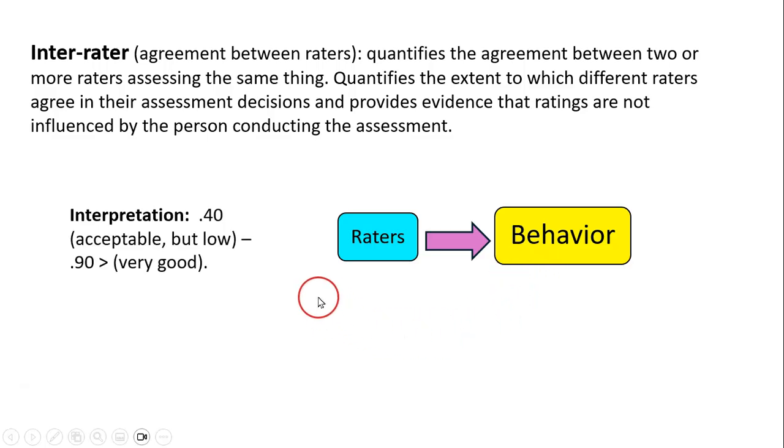So the interpretation there is roughly 0.4, which would be acceptable but low, up to or greater than 0.9, which would be very good.